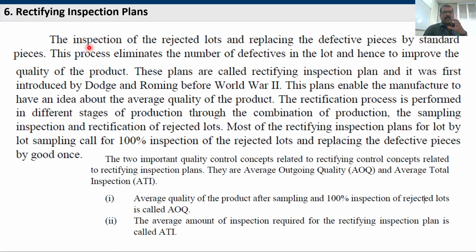In the sense, once you are inspecting, maybe in a P chart, C chart, NP chart, X bar chart and so on, we have an alternative method.